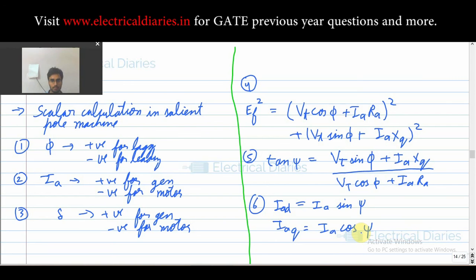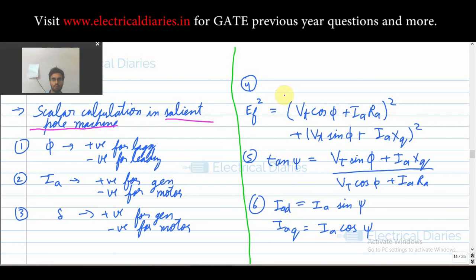So this is all about the scalar calculation in the salient pole machine. If you remember these things, then you can manipulate these relations for generator and motor and for any leading or lagging load. In the case of a salient pole machine, this formula will be helpful.